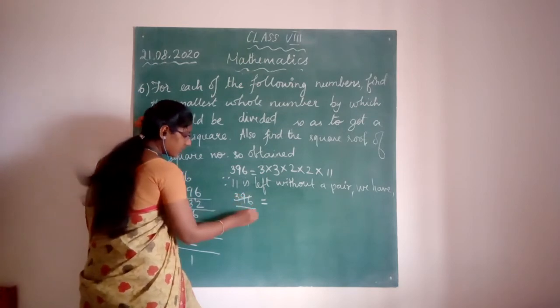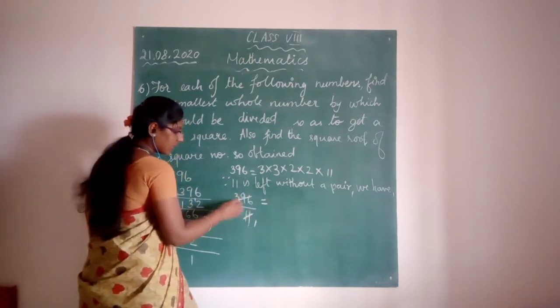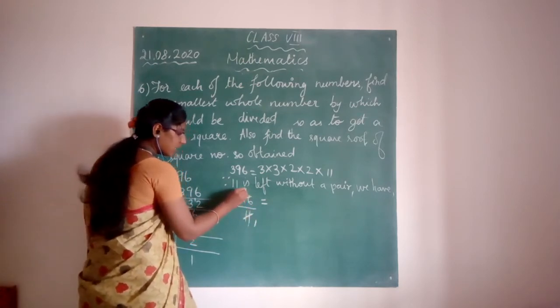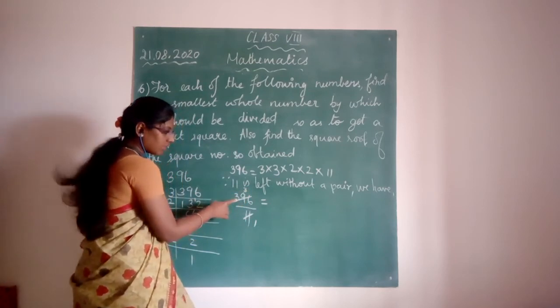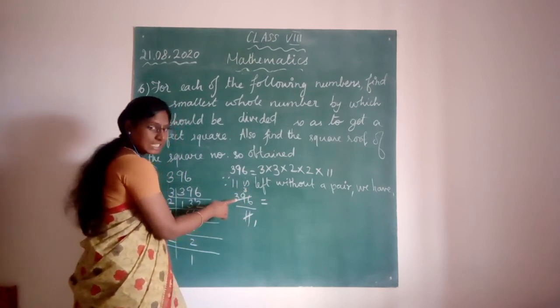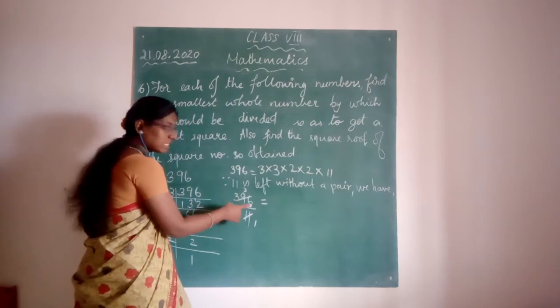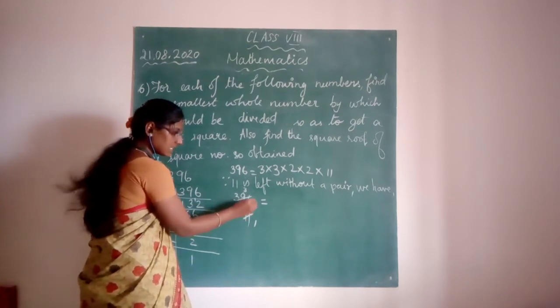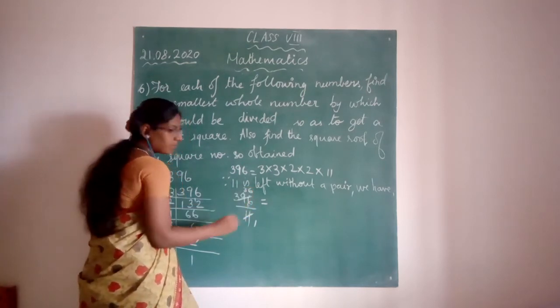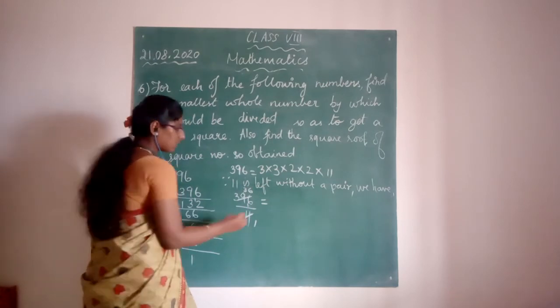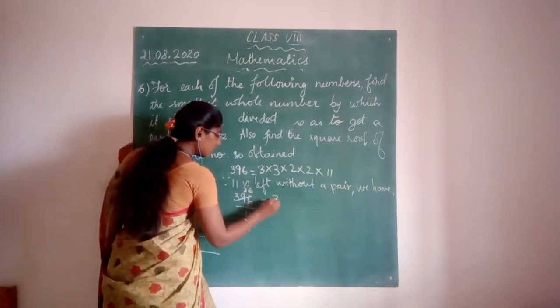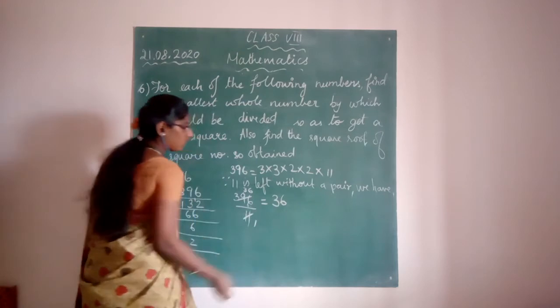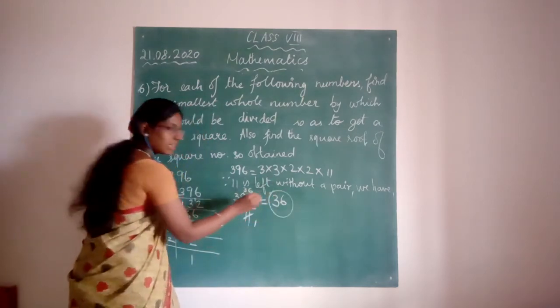Just divide it. 11 ones are 11, 11 threes are 33. So how much is remaining? 6 is remaining. So 66, it will join with this 6 and 66. So 6 6s are 36. So you will have 36. Okay, so this is a square number.